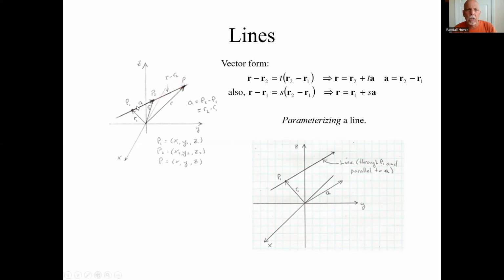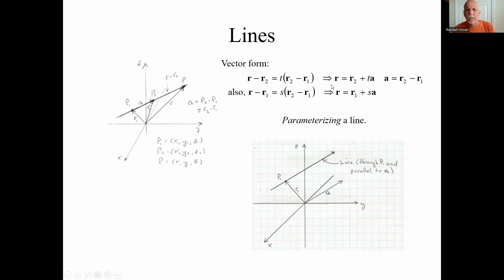This vector is parallel to that vector, which means one is a scalar multiple of the other. So I can say R minus R sub 2 is equal to some scalar multiple of R2 minus R1.